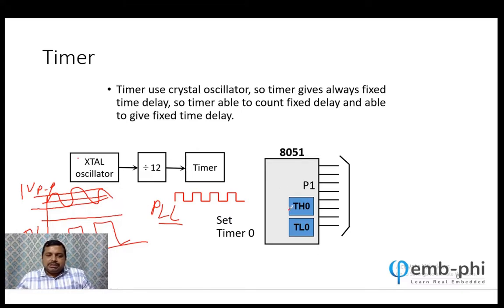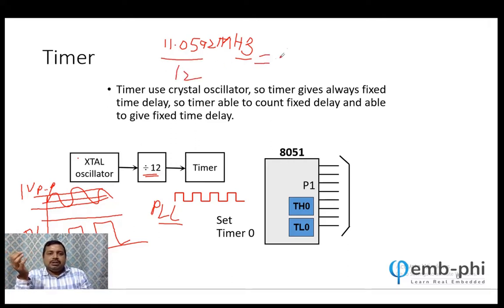Then this board is using a crystal of 11.0592 megahertz. This much frequency this crystal has. Internally this controller takes 12 cycles to convert it into a useful cycle. So if you divide by 12, it will come to around 921.6 kilohertz.